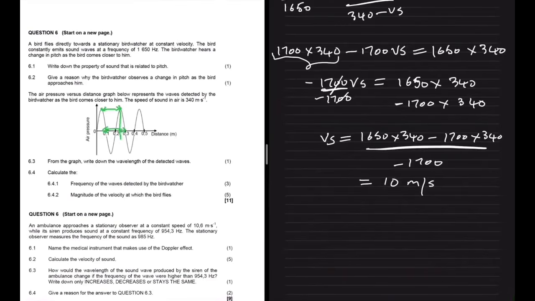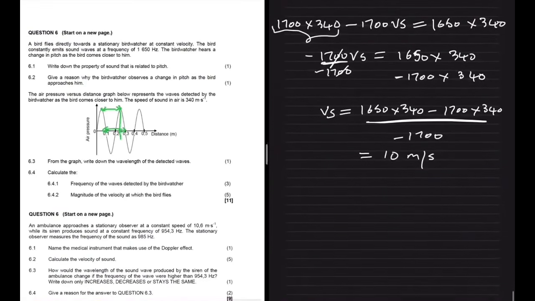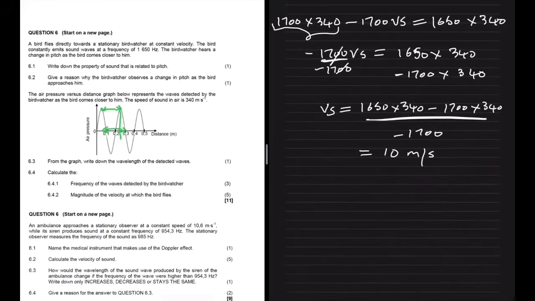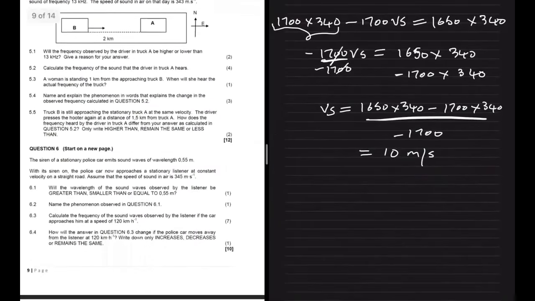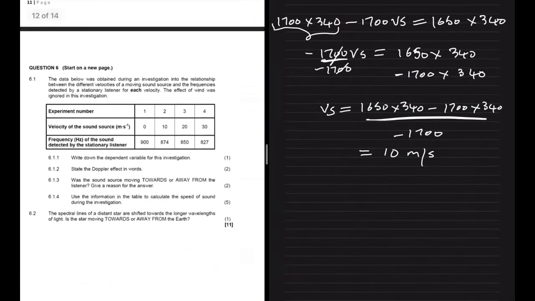It seems too good of an answer, but I can't notice anything I did wrong, so I'm assuming it's right. Let me scroll down and look for a question that has a graph in it so that we can do a question that's a bit different.